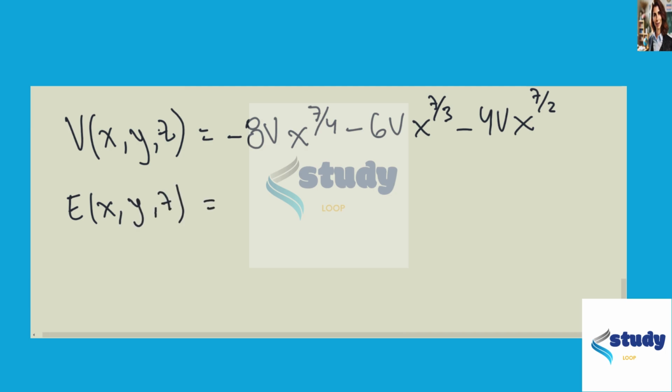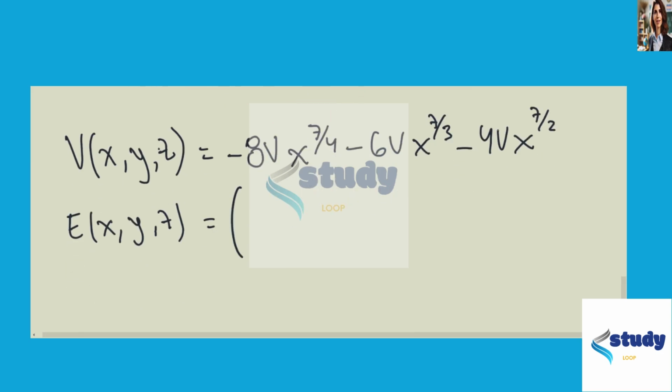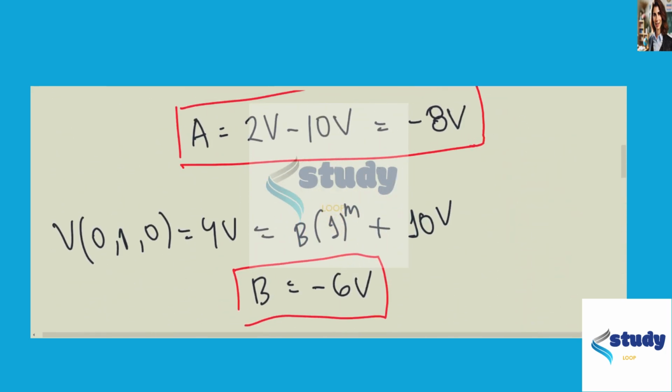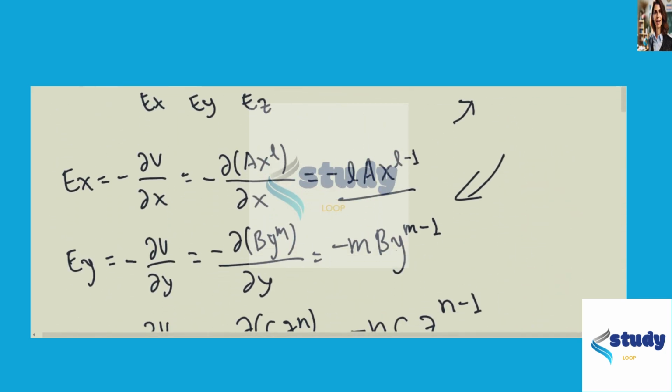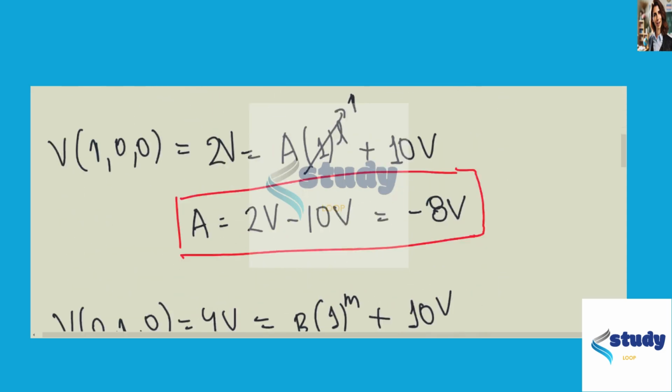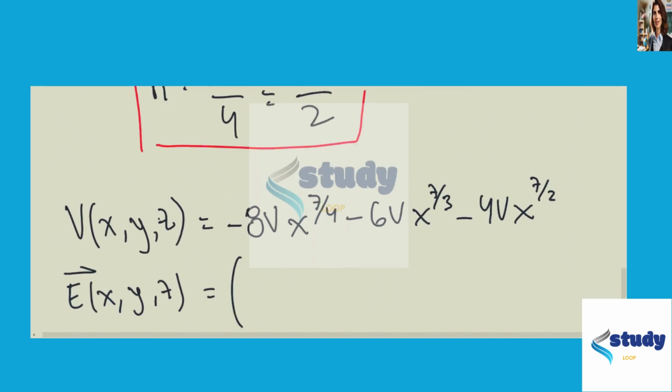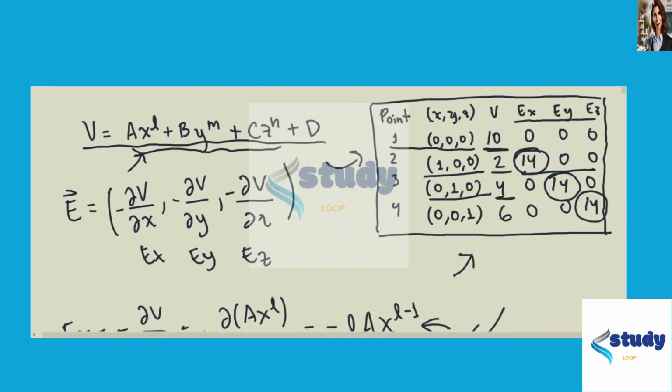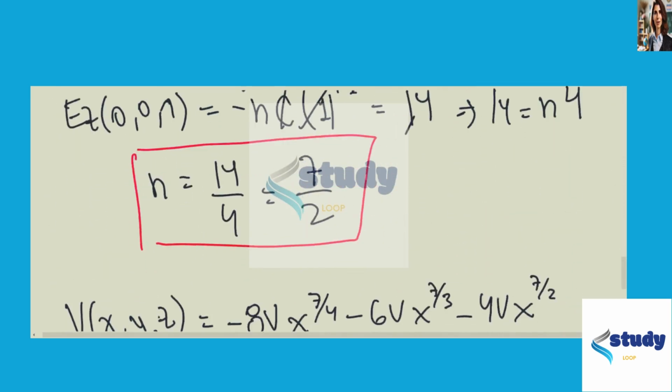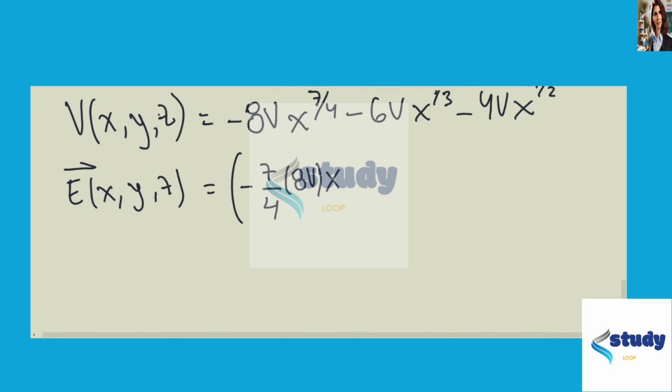And for the electric field, this is a vector, so for the x component it will be this term in here: minus 7 over 4 times 8 volts times x to the 7 over 4 minus 1.